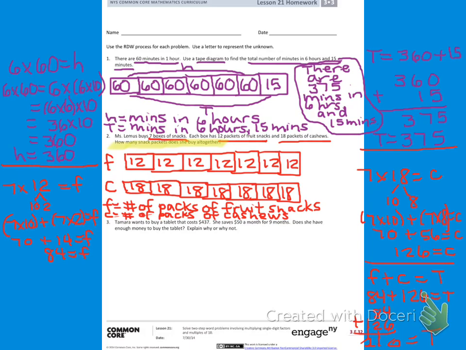How many snack packets does she buy altogether? She buys 210 snack packs.